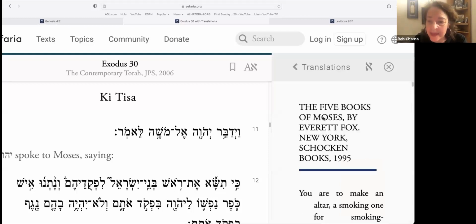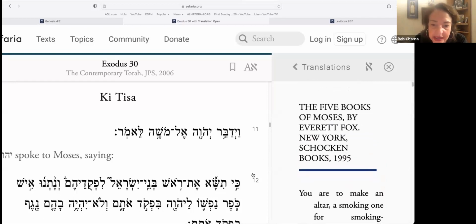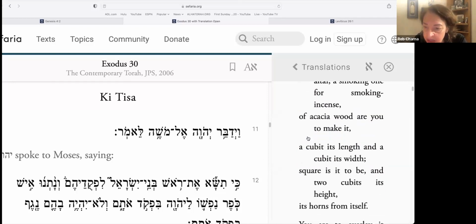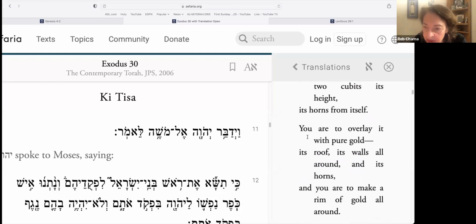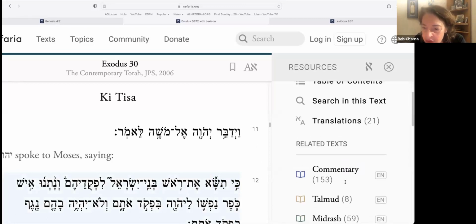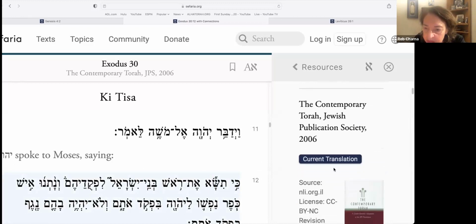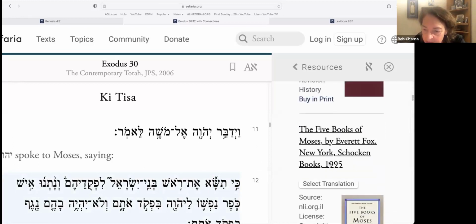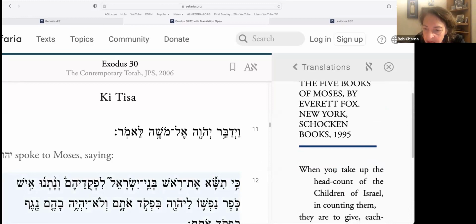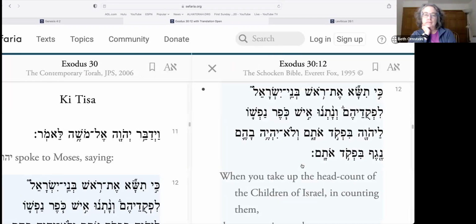Well, let's see what happens when we get his translation here. All right, but he's not translating this. All right, well, I'm not going to be able to show you my cool little trick, am I? There it is. Yeah, open.